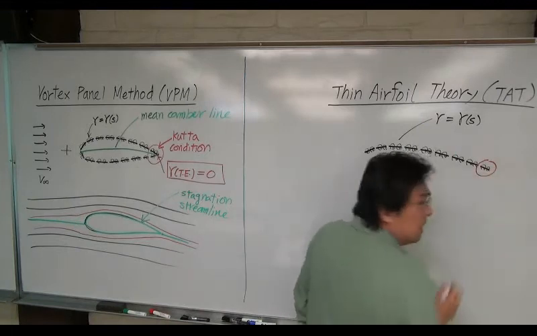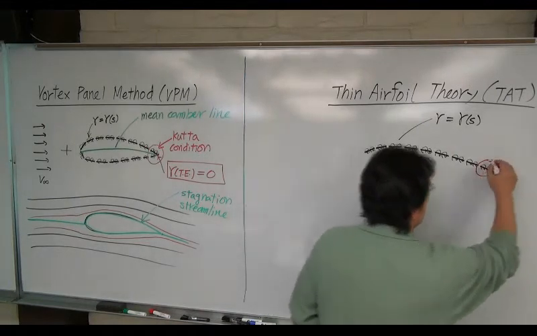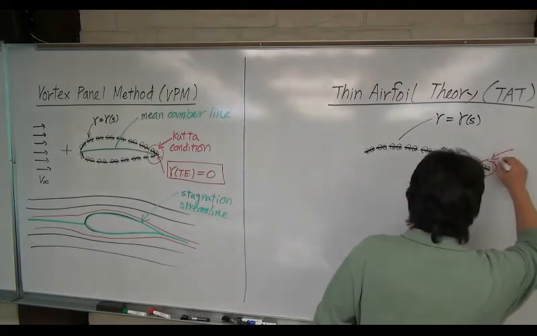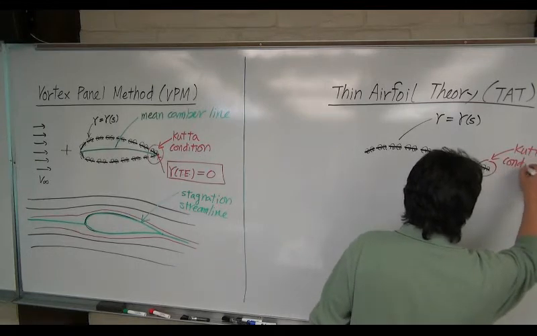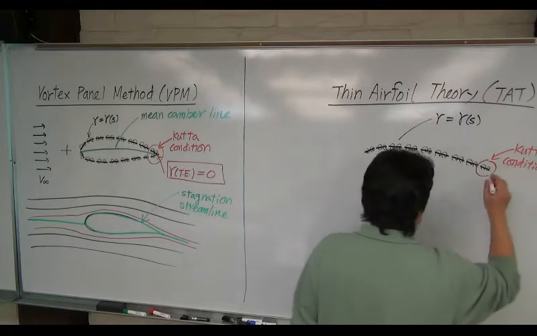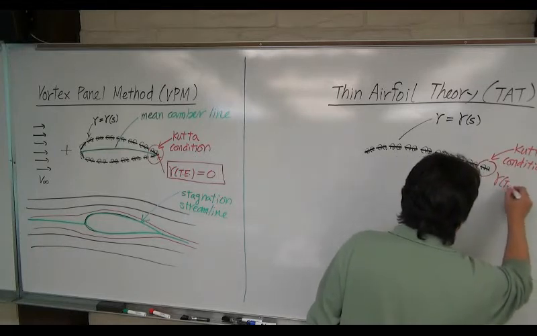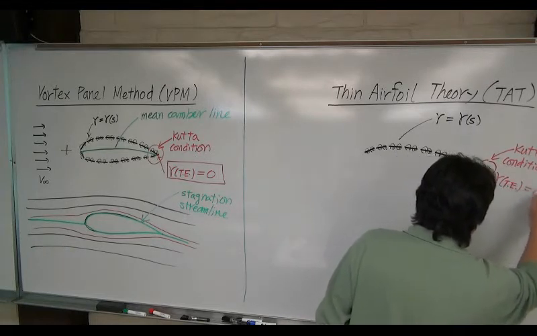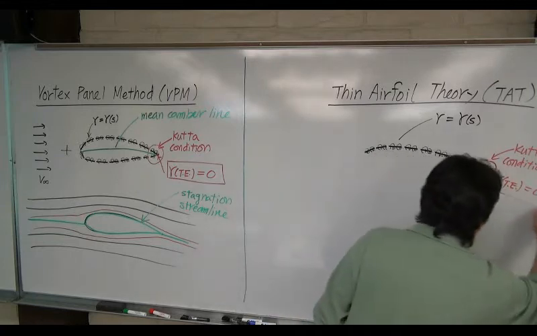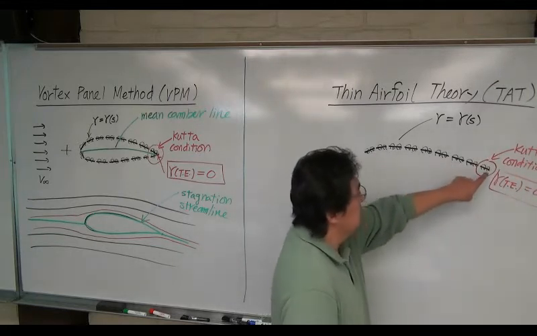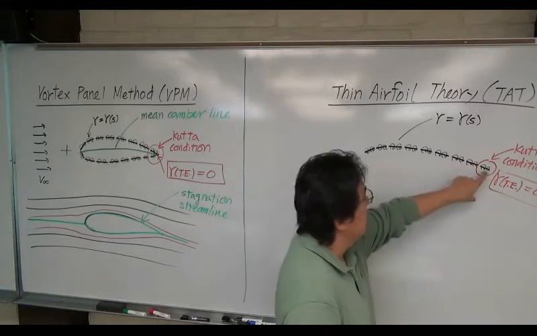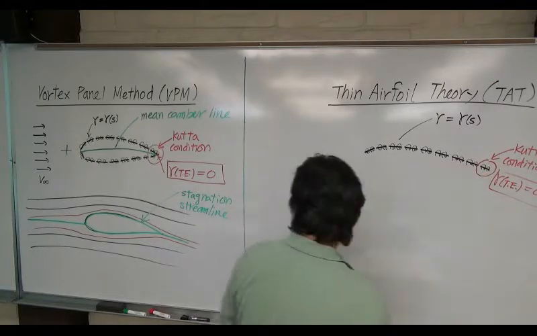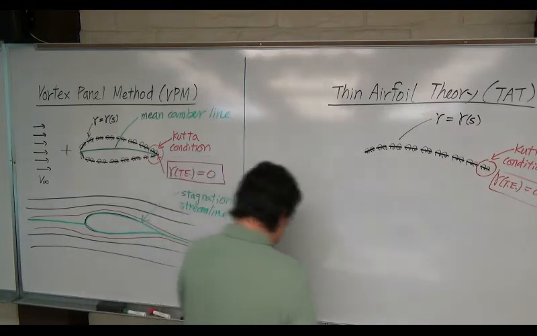In other words, for the panel that actually creates the trailing edge, you can still apply the Kutta condition, which is circulation at the trailing edge is equal to 0. Same exact Kutta condition. So whichever panel is at the very end of this mean camber line, you can put the circulation equal to 0, which is the Kutta condition.